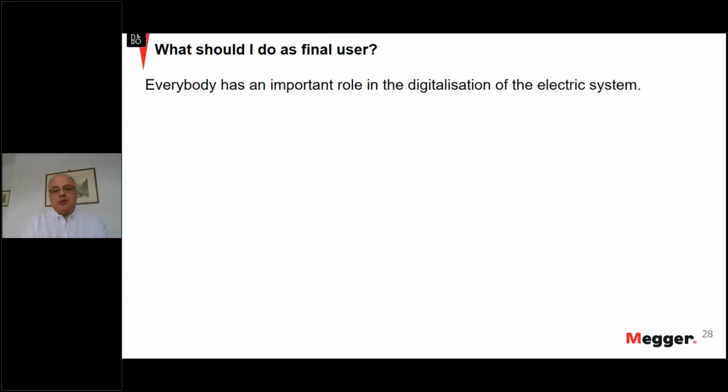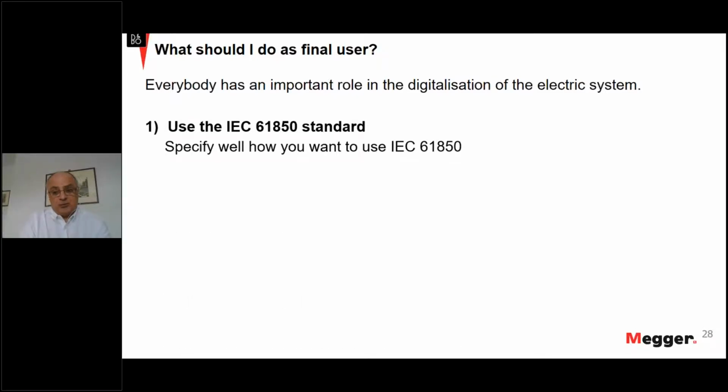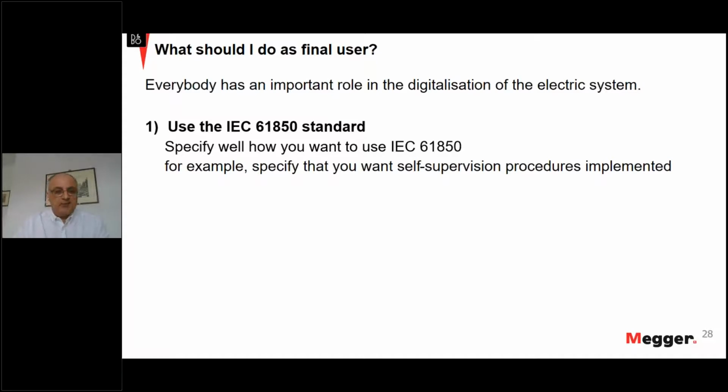So what should I do if there are some final users I know here? What should I do as a user? Well, first of all, use the 61850 standard. Specify how you want to use it. For example, in this case, specify that you want some supervision algorithms to be implemented. And also follow the standardization community.